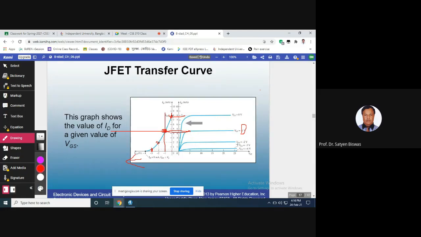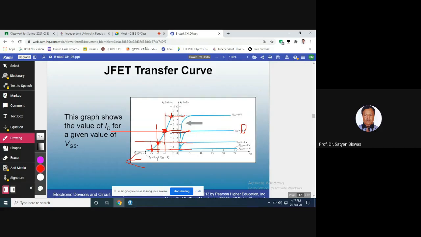In the same way, this is VGS equal to -2. So VGS equal to -2 is this point. You take a vertical line and extend this horizontal line here, and then you get this point, right? Extend this point here, and that is corresponding to VGS equal to -3. So you extend a vertical line, then you get a point.